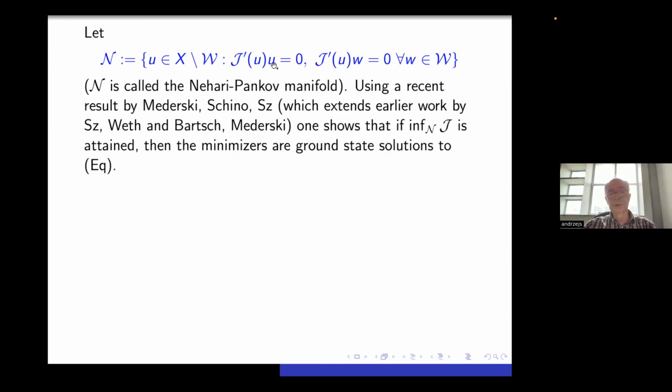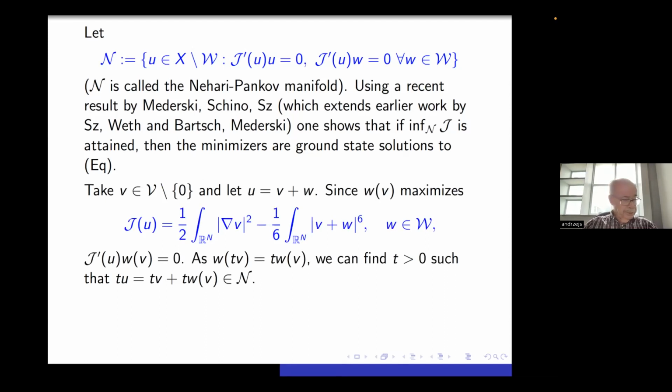So this is like the Nehari manifold, but we also want J prime U W to be equal to 0 on the subspace W. And now by known results, one can show that if the infimum is attained, then the minimizers are ground state solutions. So what remains to be shown is that the minimum is attained.